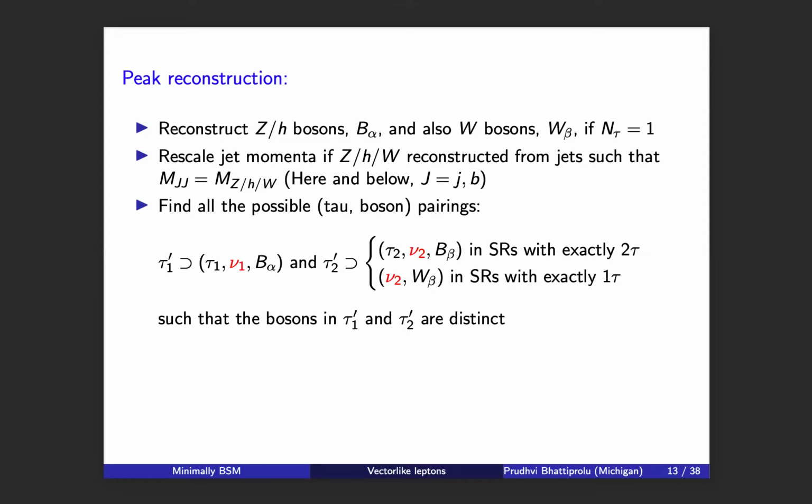There are various possible tau and boson pairings that are listed here in order to reconstruct tau1 prime and tau2 prime, since these are pair produced.